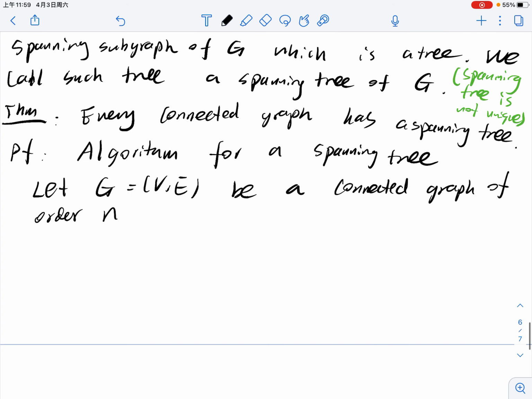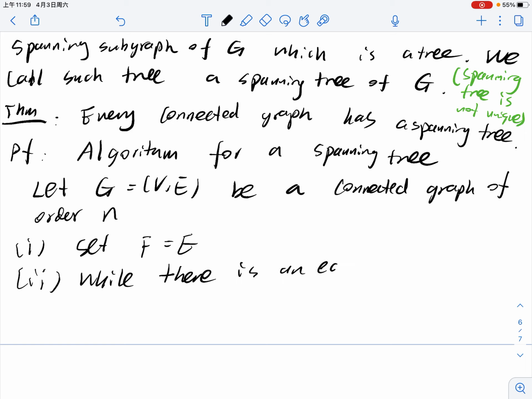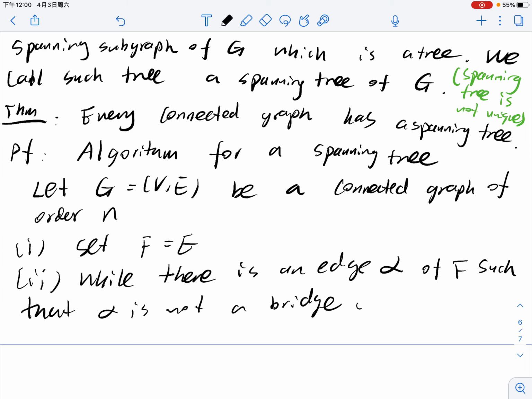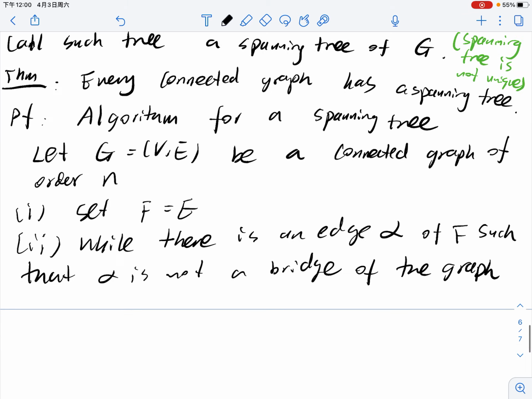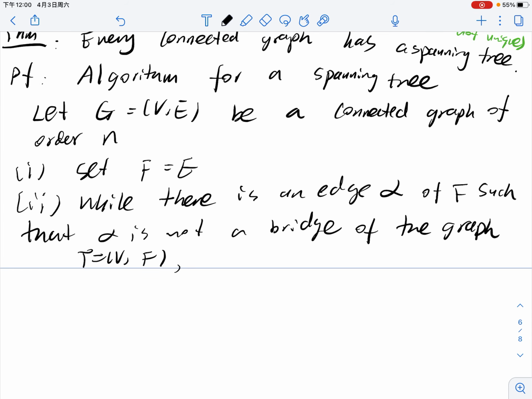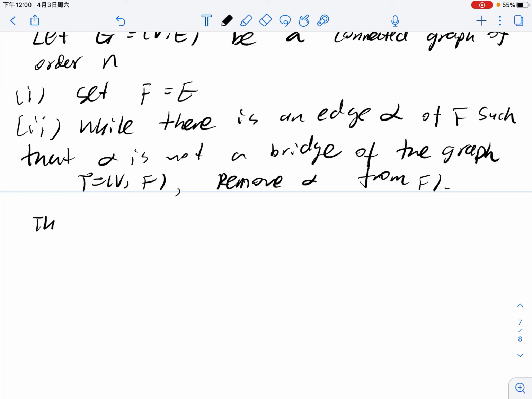This is the initial data, and then set F equals E. Secondly, while there is an edge alpha of F such that alpha is not a bridge of the graph T equals (V, F), then we remove alpha from F. Since every time we decrease the cardinality of the edge set by 1, after finitely many steps the program must stop.